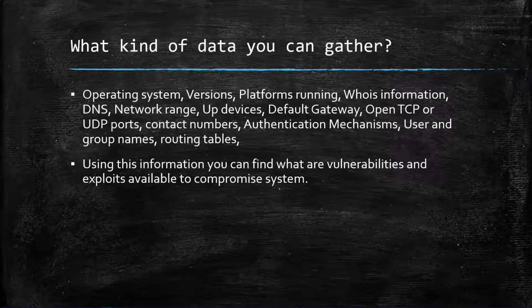Also network range, which devices are on and replying, not the shut down ones, default gateway, TCP or UDP ports, contact numbers, authentication mechanisms, whether they are using secondary step verification or not, what kind of hashing they are using, user group names, and routing tables in the router.